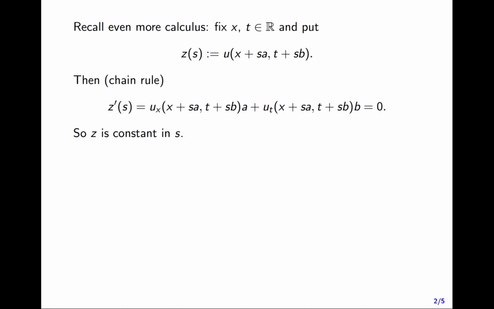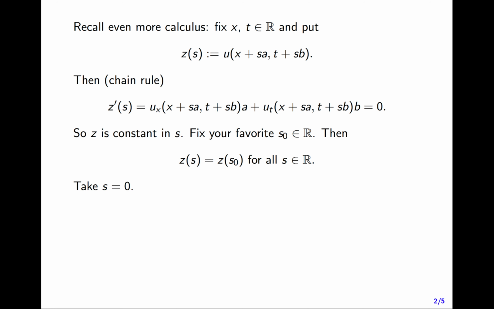This means that z is a constant function of s. So if you fix your favorite number s0 in R, then you have to have z of s equals z of s0 for all s in R. Let's take s equal to 0. That says that z of 0 is equal to z of s0.